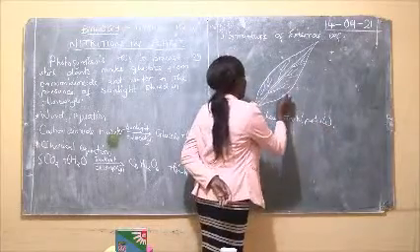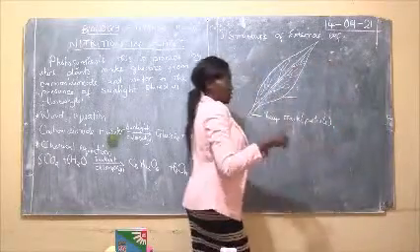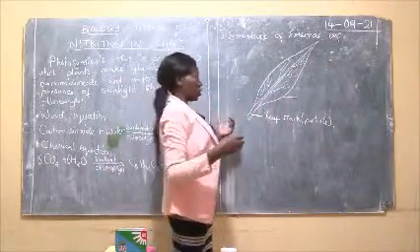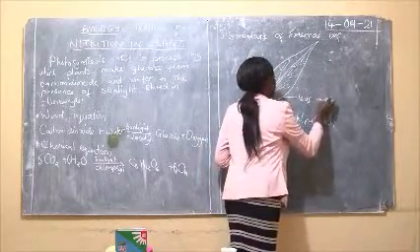Then the margin is the line around the leaf, which gives you the shape of that leaf. So you have your leaf margin.